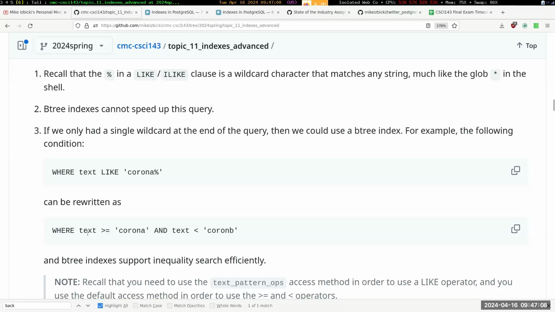And we've talked about how B trees can speed up these sort of range queries, because any text value that sits between corona and corona B is going to be sequentially stored in memory or on the hard disk, and using the B tree, it is able to speed up operations like this with the percent only at the end.